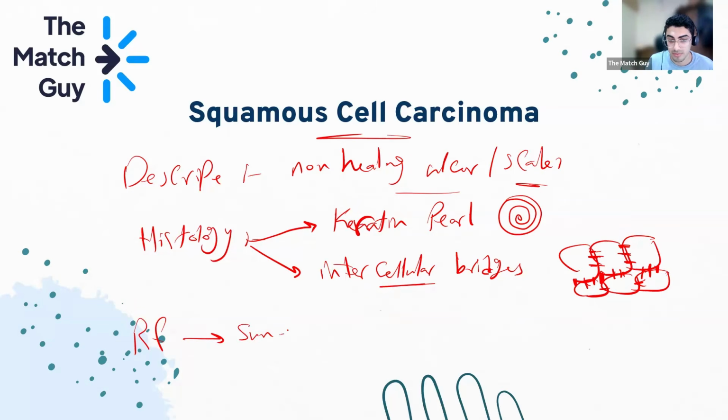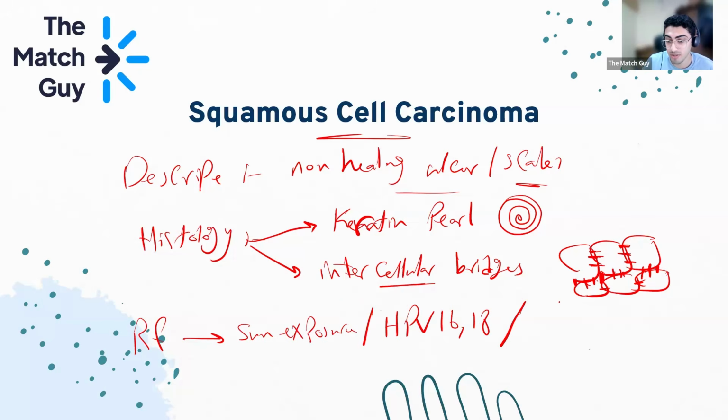Nice. So what would be the risk factor for squamous cell carcinoma? Again, sun exposure, but we can also have lots of risk factors. For example, HPV, strains 16 and 18. Human papillomavirus, strains 16 and 18. They also can cause squamous cell carcinoma. Okay. What else?